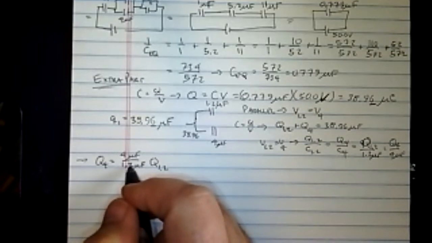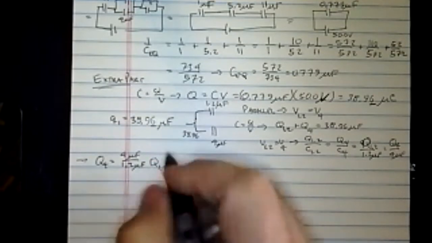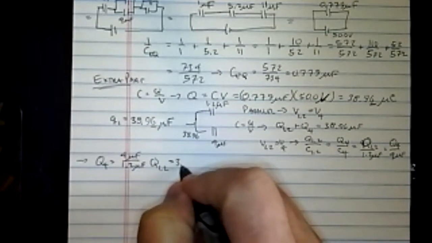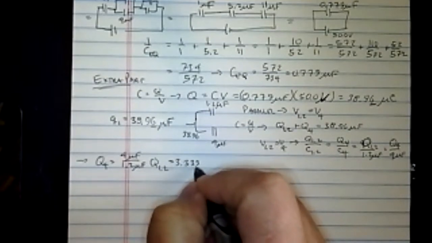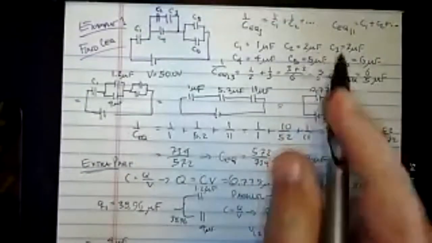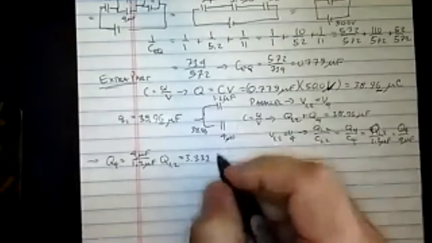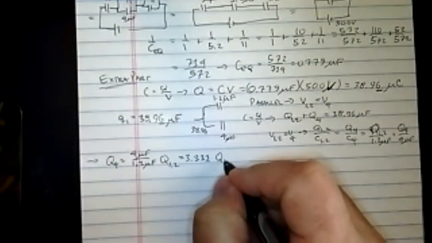That doesn't really jump out at me as anything easy to switch to a fraction. So I'm just going to do 4 divided by 1.2. And I get 3.33. And I'm assuming these, when I give these one digits like these things over here, I'm pretending they're all 3 sig figs, even though I didn't write them that way. Apologize for that, but that's why I got this, and that's times Q1.2.